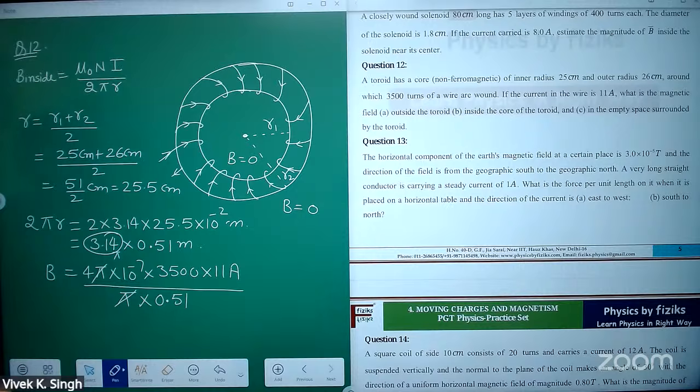So this will give you, let's calculate the value. Try to calculate this value. So this approximate value is 3 into 10 to power minus 2 Tesla.